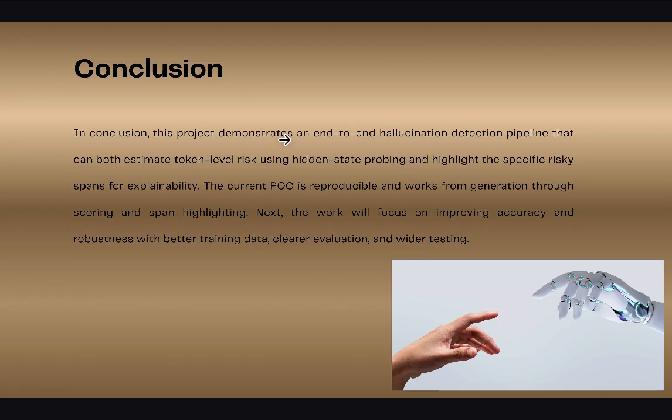The current POC works from generation through scoring and span highlighting, and it is reproducible. Next, I will focus on improving accuracy and robustness using better training data, clearer evaluation, and wider testing.